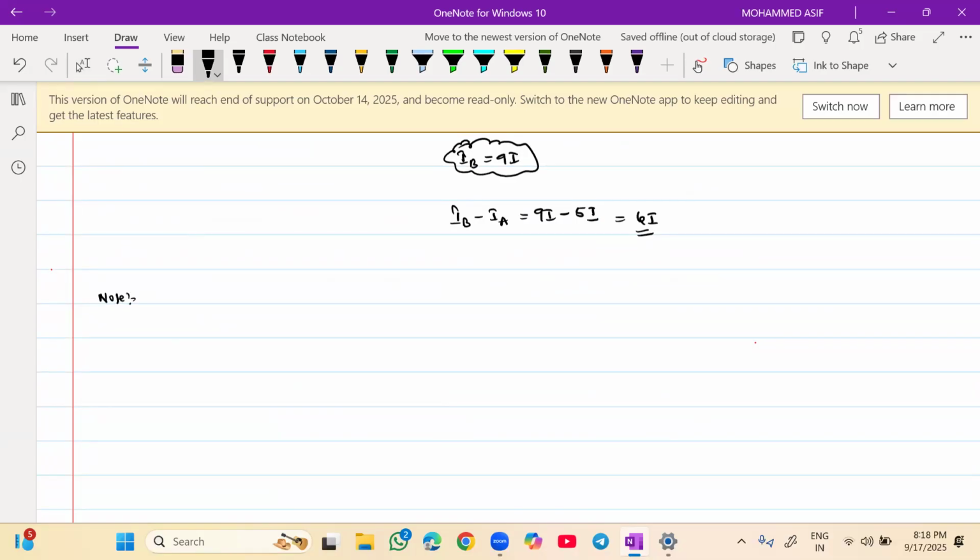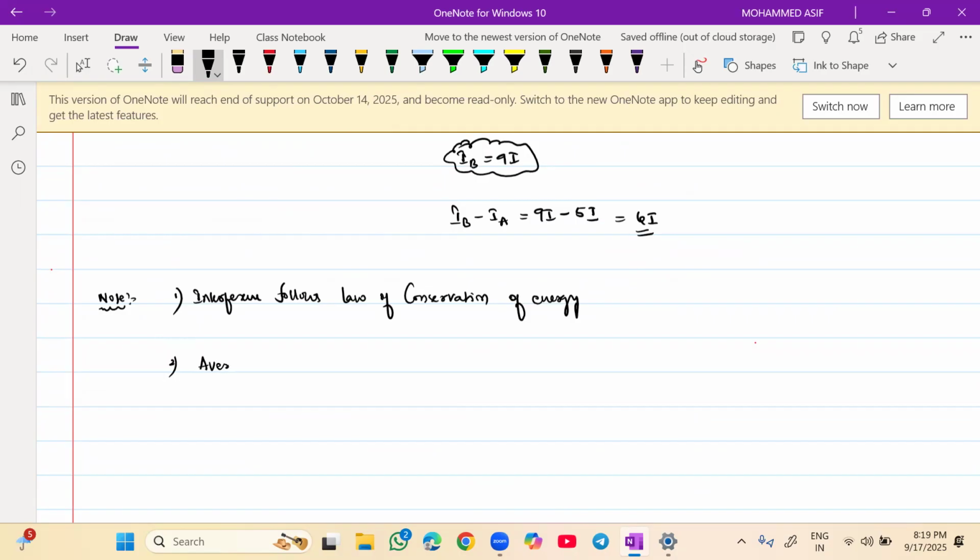Keep a note and write these points down. First point: interference follows the law of conservation of energy. Point number 2: average intensity.